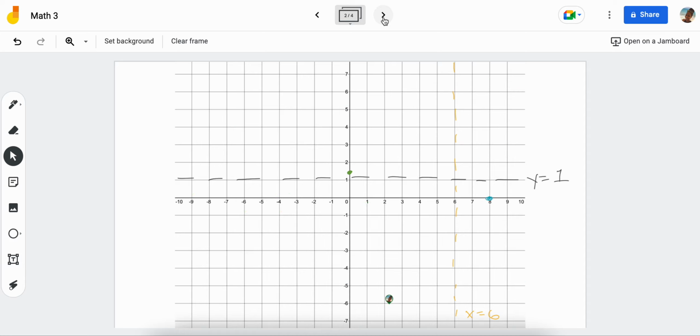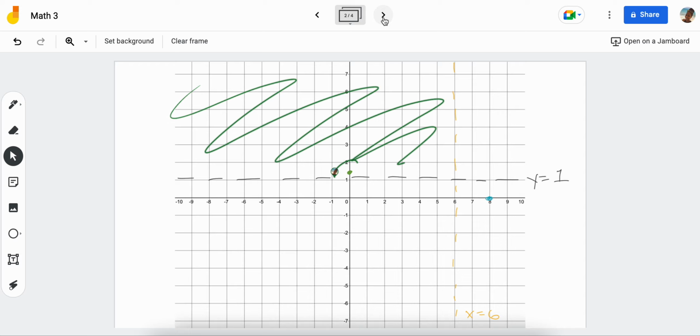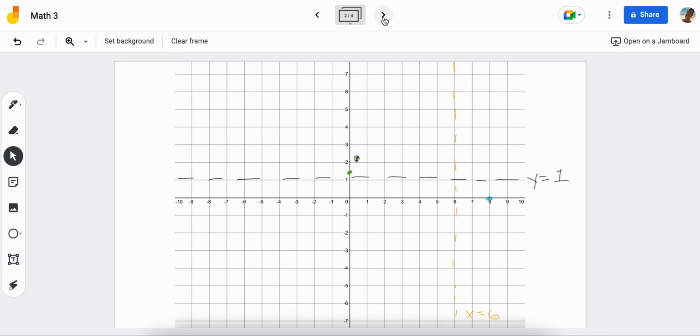So I'm looking at where my graph exists. I know it's going to exist in 2 of those because I have a vertical and a horizontal asymptote dividing this. So I know that my graph is going to exist here in this quadrant because our y-intercept exists there, so it has to. And I know that it's going to exist here because our x-intercept exists here.